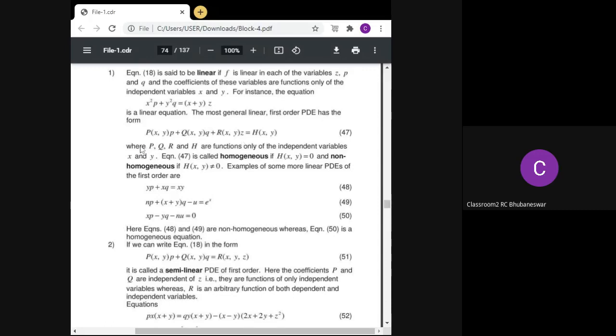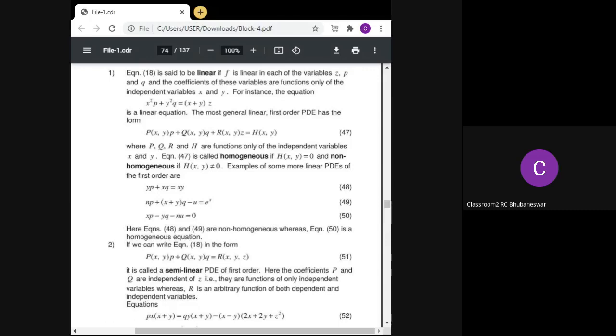So in equation number 47, the first term is P(x,y) small p, Q(x,y) small q, capital R(x,y) z equals H(x,y). So clearly here capital P, Q, R, H are functions only of the independent variables x and y.